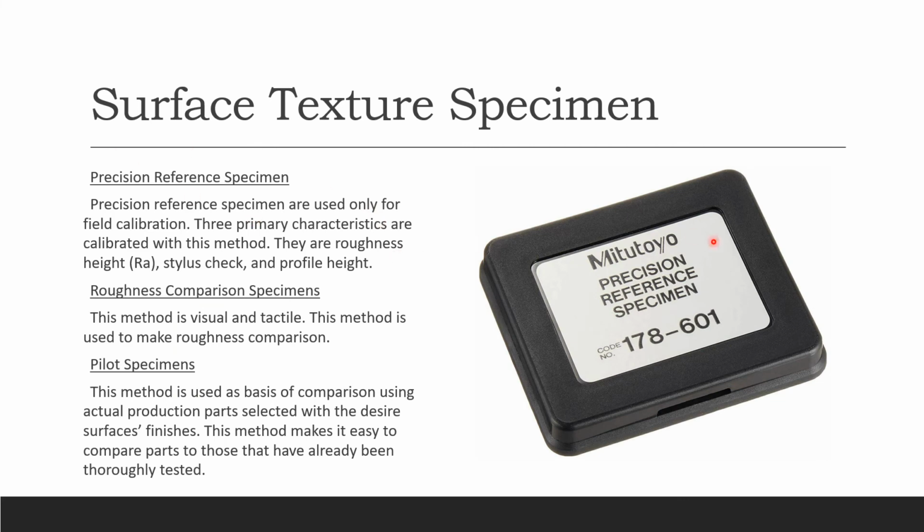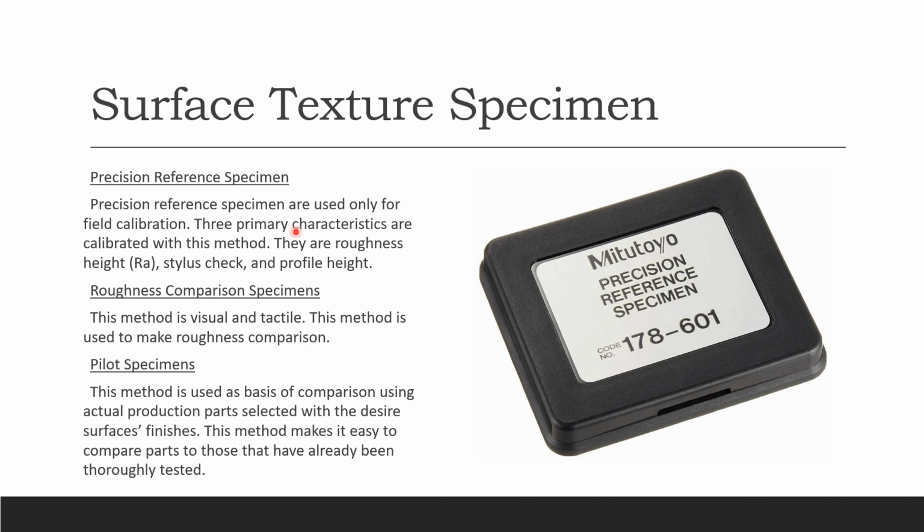Here is your precision reference specimen box, for example from a company. The precision reference specimen is just a tool for studying surface texture, and it is used only for field calibration.